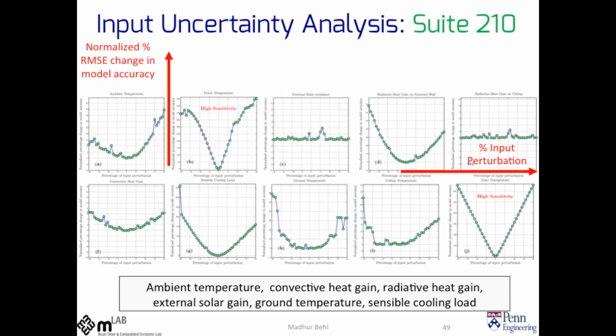And the second inference that we can draw is that all sensor data streams do not affect the accuracy of the model to the same extent, because you can just tell from the shape of the curve that some of them are highly sensitive. So it would be great if we can reduce all the information combined in this result of the analysis, which will allow us to compare different data streams and their importance in how they affect model accuracy, which is the trade-off that we want to establish.